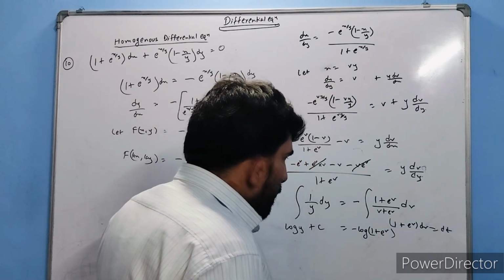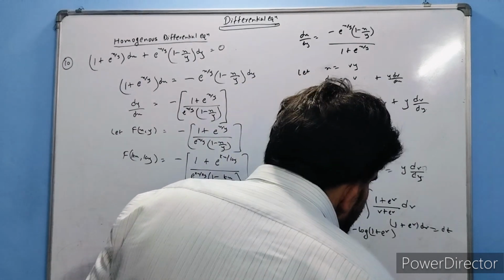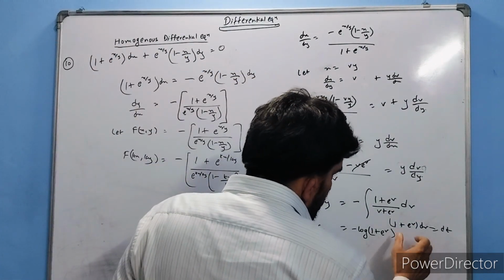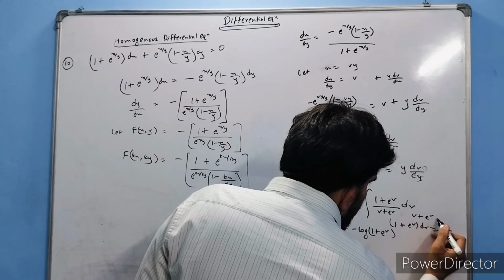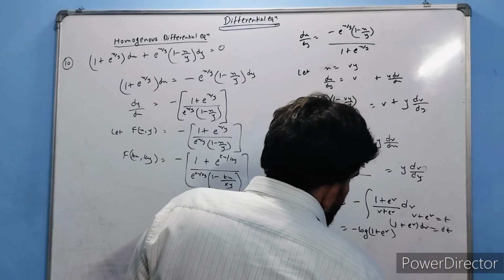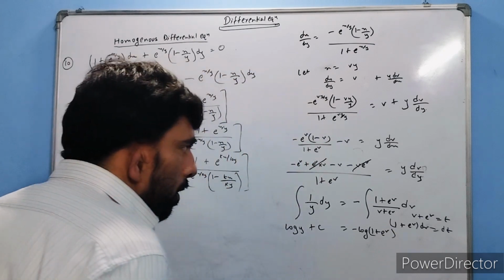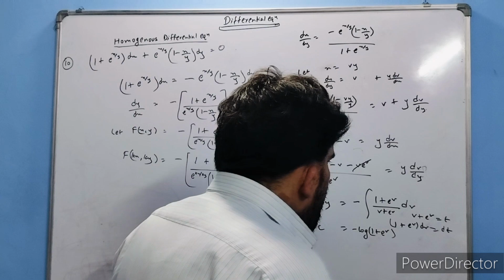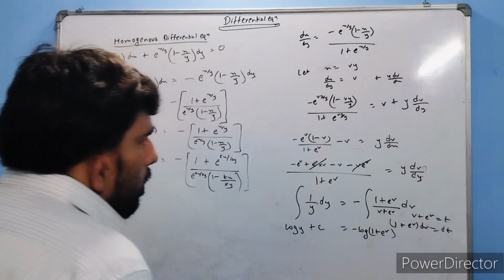So now we can say 1 plus e^v dv is equal to dt I have taken. So what we have taken, v plus e^v is equal to t. So we have 1 plus e^v whole dv is equal to dt. So 1 upon t is equal to log t.